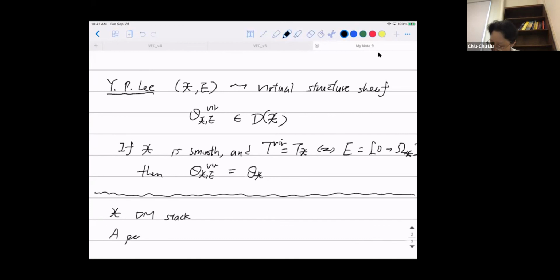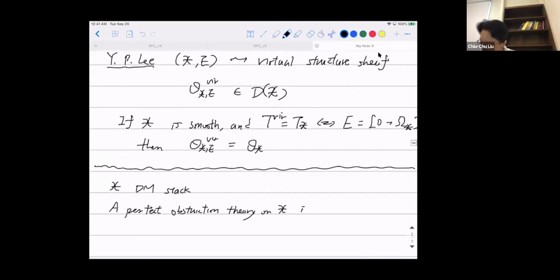A perfect obstruction theory on X is an object of the derived category.